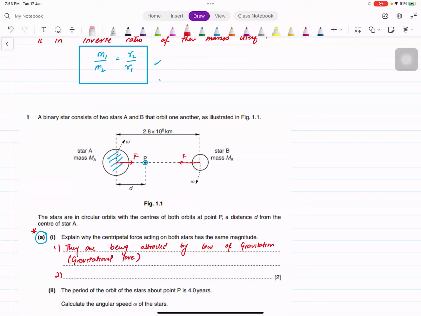Now, the other point is that the force is equal and opposite due to Newton's third law. Do you guys understand this? Please do not forget AS. So they are being attracted by the law of gravitation, gravitational force, and the force is equal and opposite due to Newton's third law. All right.